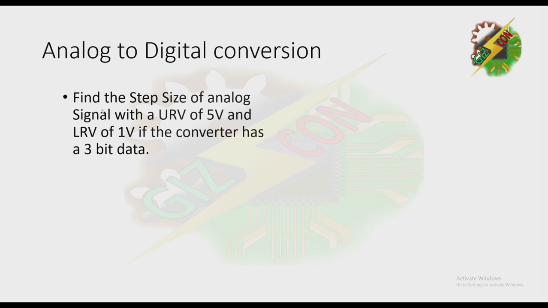Okay, let's have this exercise. Find the step size of an analog signal with URV of 5 volts and LRV of 1 volt if the converter has 3-bit data. To find the step size, we have this formula: span over 2 raised to the number of bits minus 1.